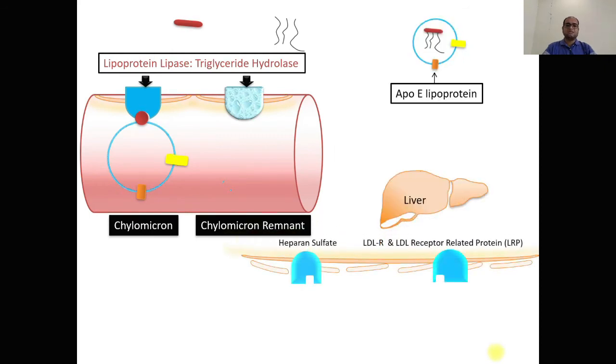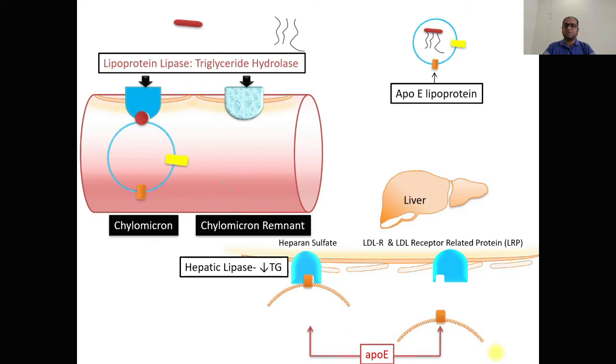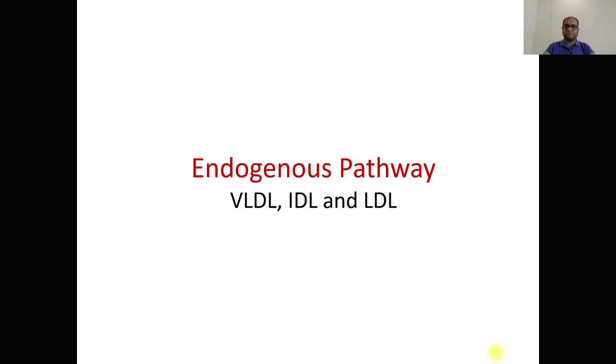Now, depending on the ApoE lipoprotein which is attached, it goes back inside the liver, attaches with the heparan sulfate or LDL receptor related protein, which binds ApoE, and then it is digested inside the liver, which is going to add to the triglyceride component inside the liver. So that constitutes the chylomicron pathway.